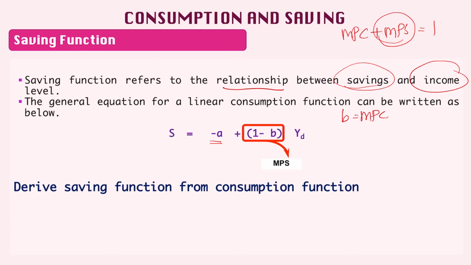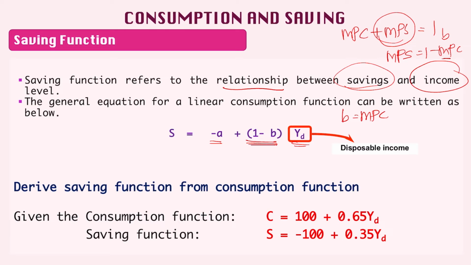So to get MPS, it is 1 minus MPC. From the consumption function, MPC is B. That's why the value here is 1 minus B, and YD is disposable income. So we can derive the saving function from the consumption function, or derive the consumption function from the saving function.